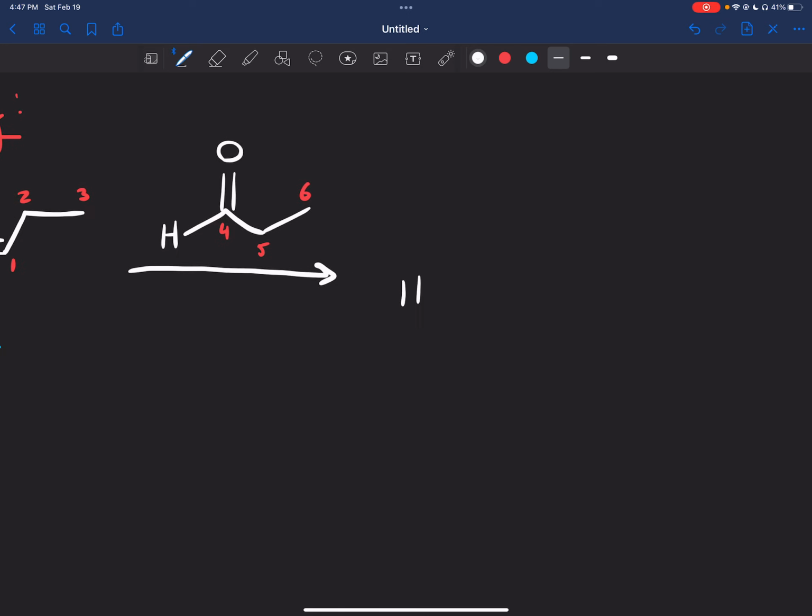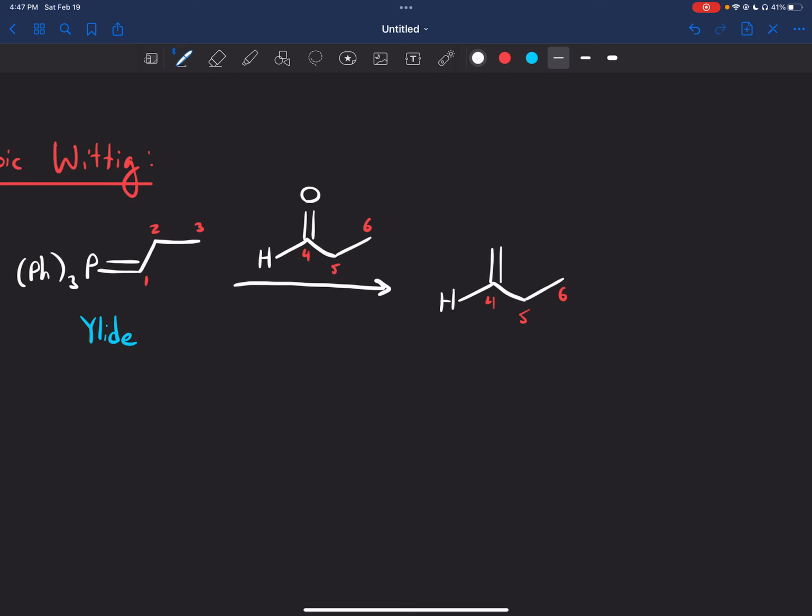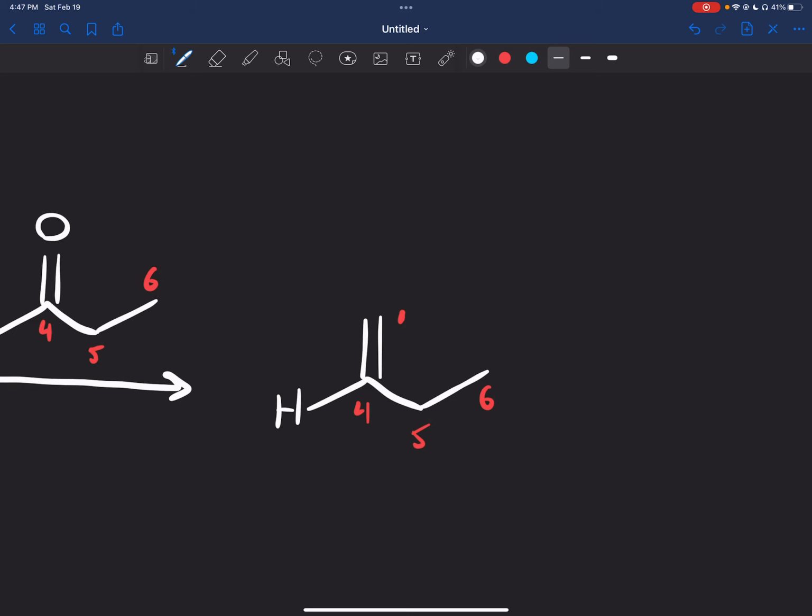So when we draw this, I'm going to redraw this, 4, 5, and 6. 4 should be double bonded, and this carbon is number 1. 1 is connected to 2, and 2 is connected to 3. Now, because we have an alkene, we have to think about cis and trans, or E and Z. We can form both of them.